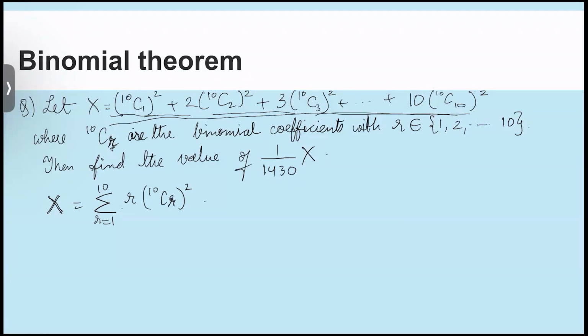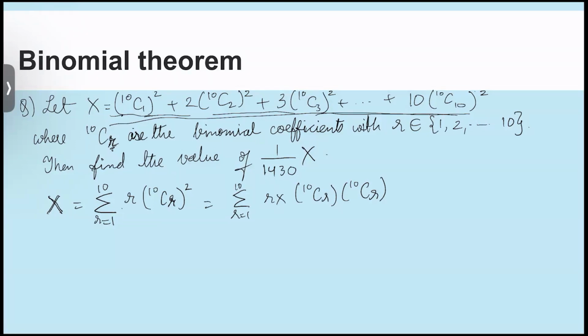Then you can simplify further and write r into 10CR into 10CR. Now we will not do the entire expansion. We will first try to get it as simplified as possible.